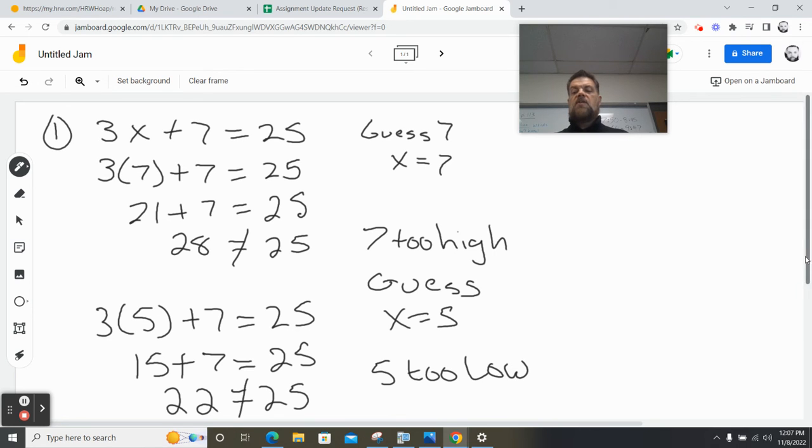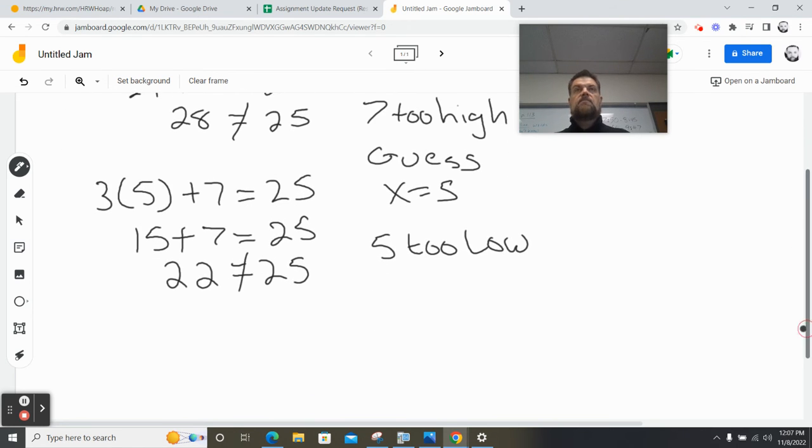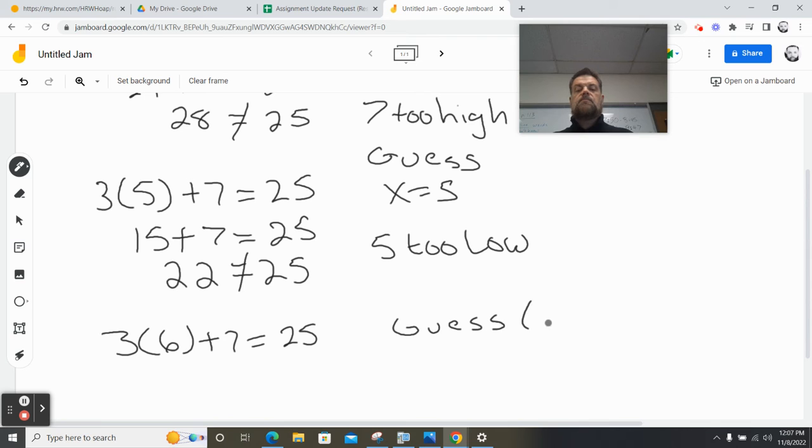Is there another number that we might guess? Guess 6. So if I say 3 times 6 plus 7 equals 25. And so I'm just going to write over here, guess 6. 3 times 6 is 18 plus 7.